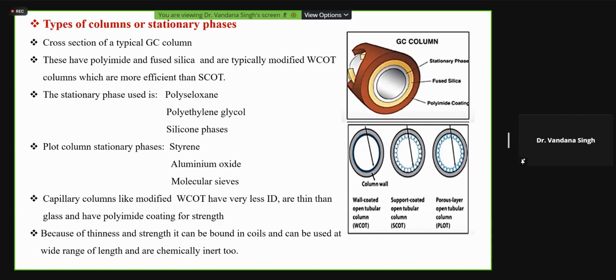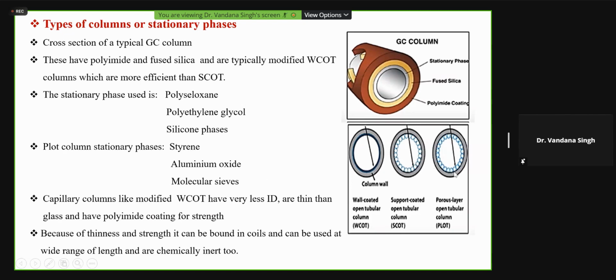Generally, among these WCOT and SCOT columns, WCOT are more efficient, so they are preferred with respect to the SCOT column.